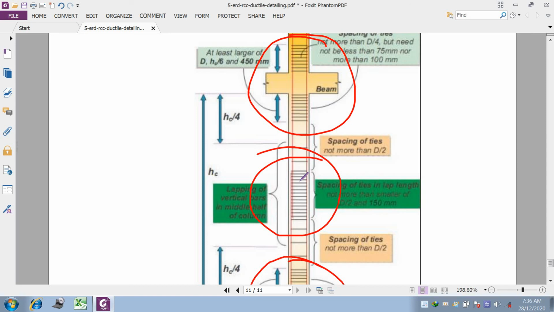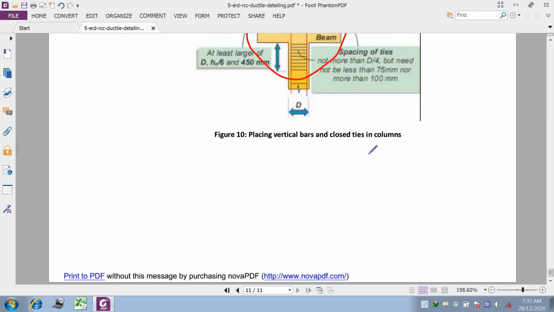As per the codal provision of IS 13920:1993, these are some of the basics of structural detailing that come under it. It defines how to properly place your reinforcement as per the ductile provisions.